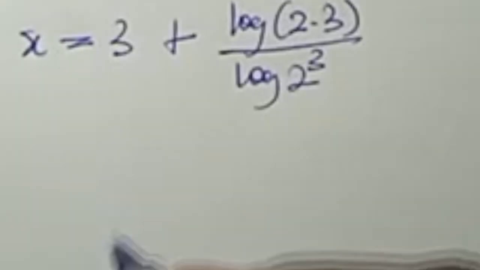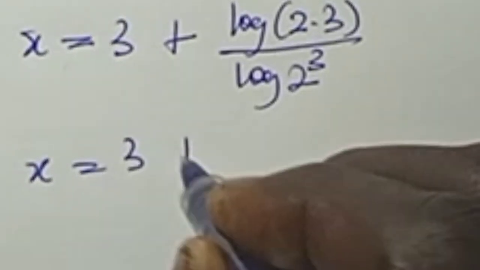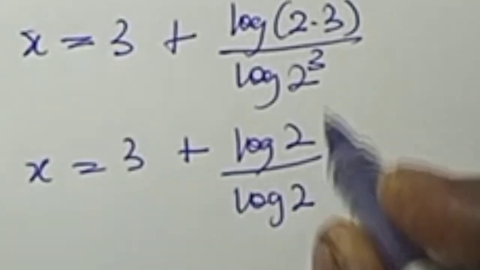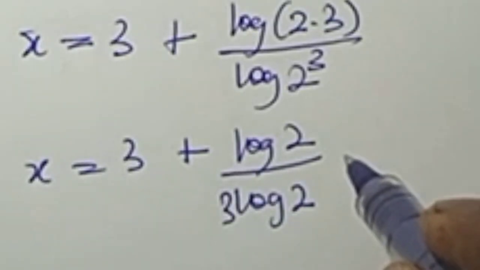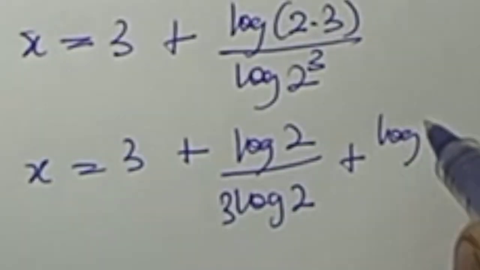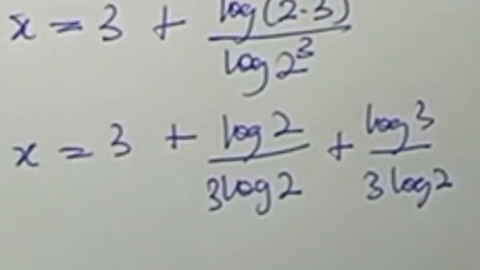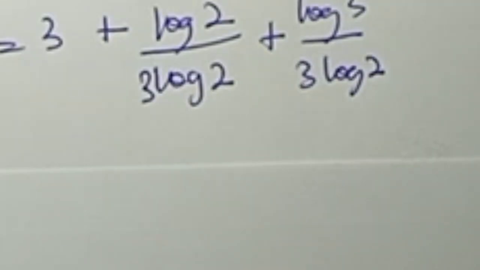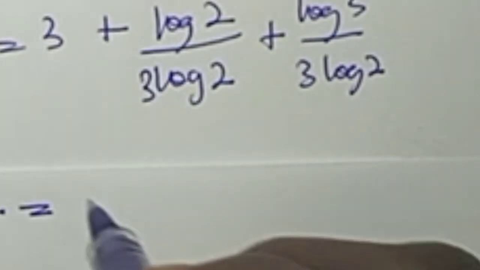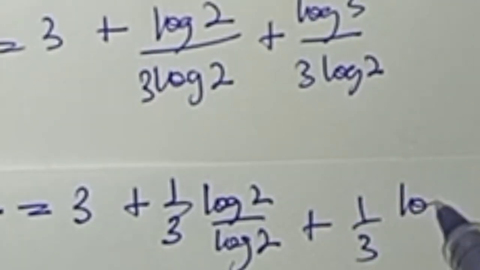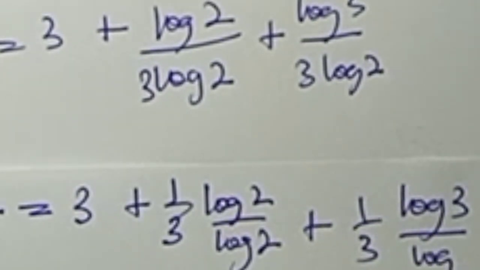So here x is equal to 3 plus, the power comes down, log 2 plus log 3 over 3 log 2. So this can be written as x equals 3 plus 1 over 3 times log 2 over log 2 plus 1 over 3 times log 3 over log 2.